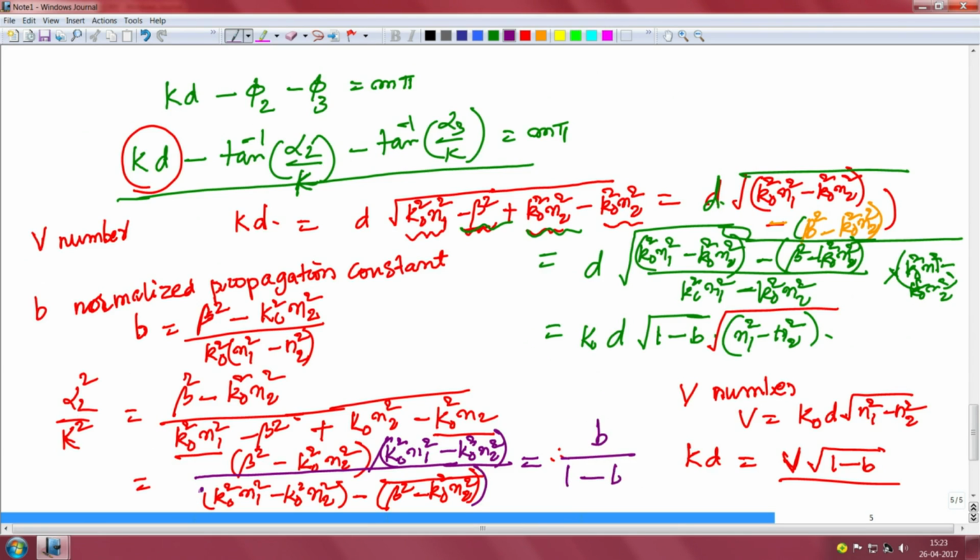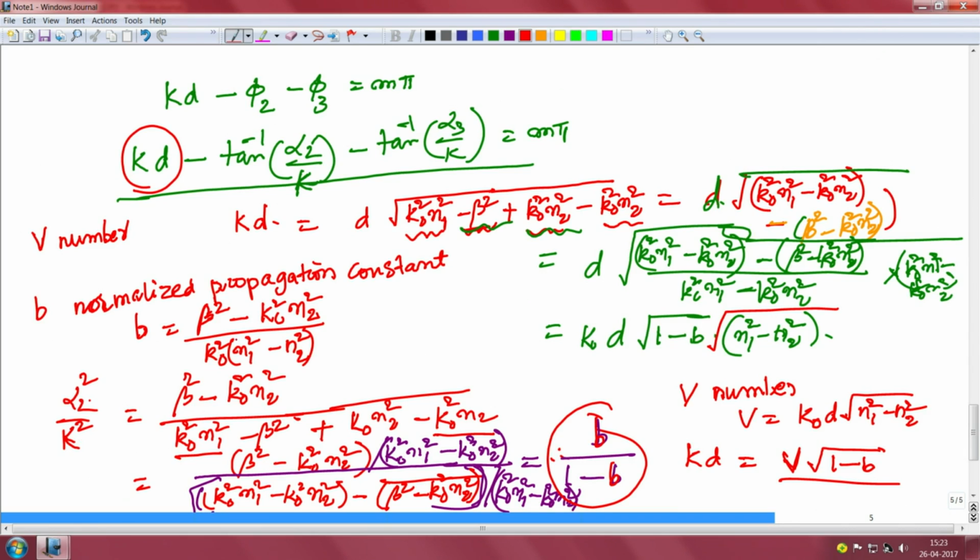Here also I will divide by k0 square n1 square minus k0 square n2 square. So, this entire expression is reducing to b by 1 minus b. So, alpha 2 square by k square is equal to b by 1 minus b. So, only one constant b.